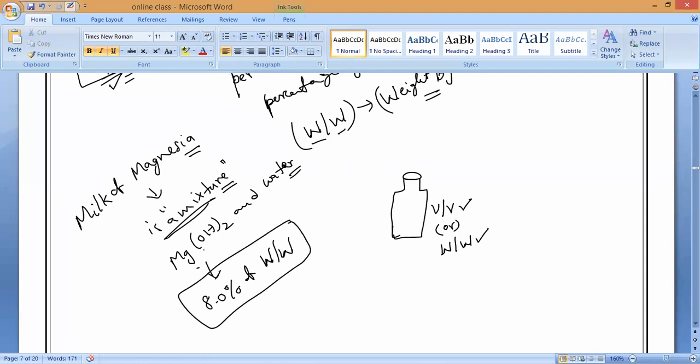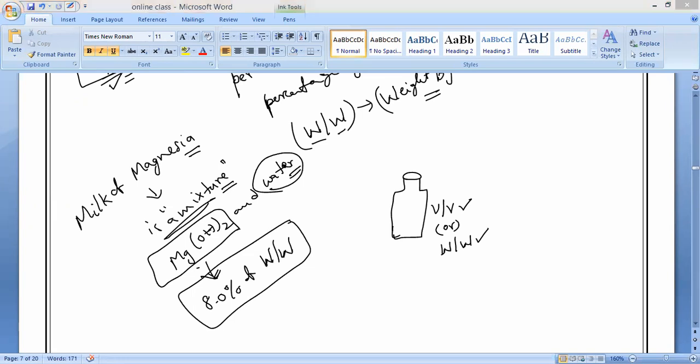So 8% W by W of magnesium hydroxide is present. The remaining is water. Understand, everyone? So this is mass percentage and volume percentage. Any doubt, please kindly ask me. Are you clear, guys?